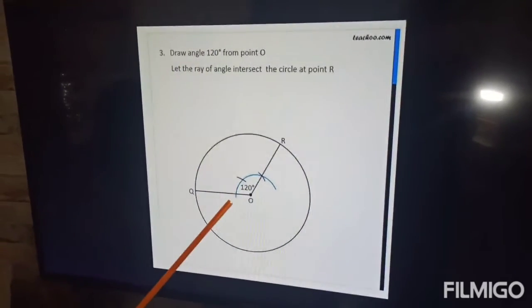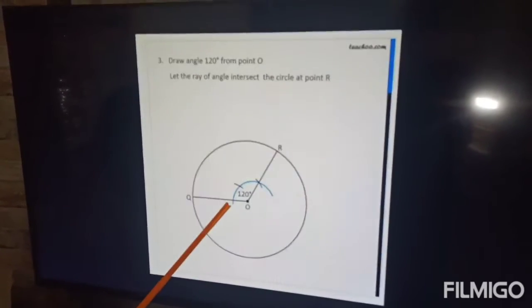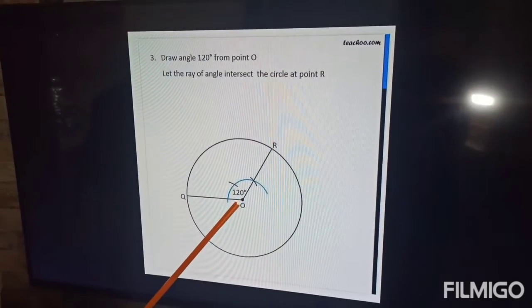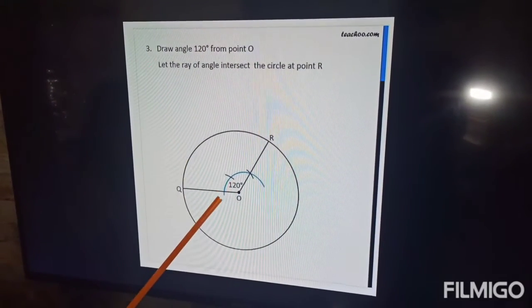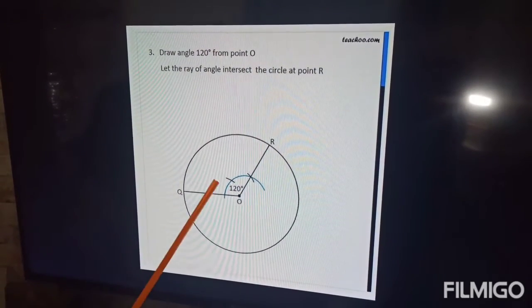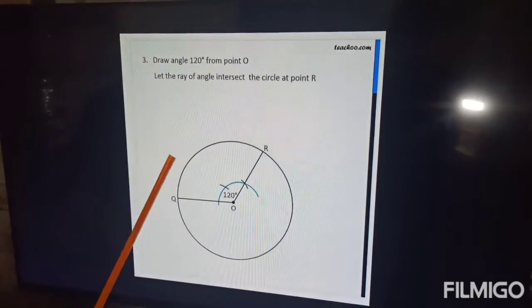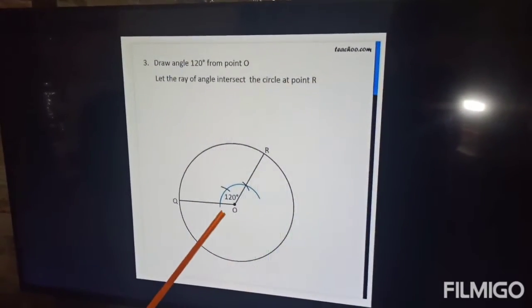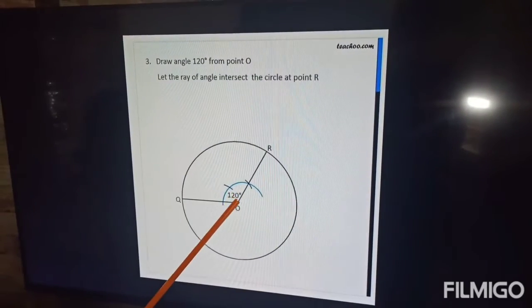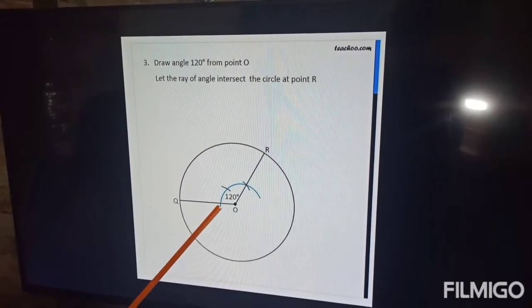These two angles are supplementary. The angle between the tangents and the angle at the center are supplementary. Therefore, we have to subtract the given angle 60 degree from 180 degree, we will get 120. That we have to take between two radii.